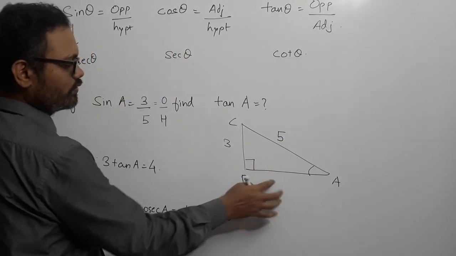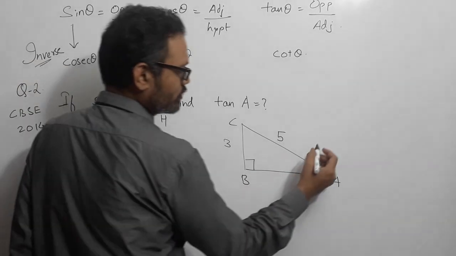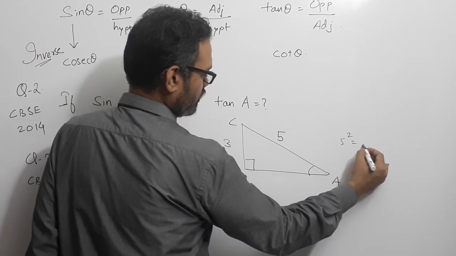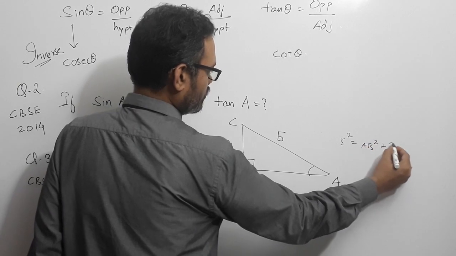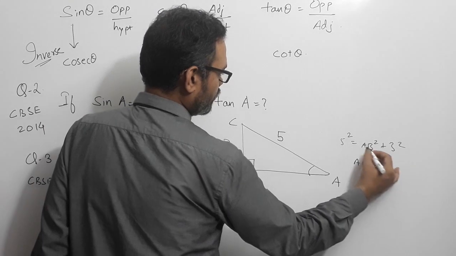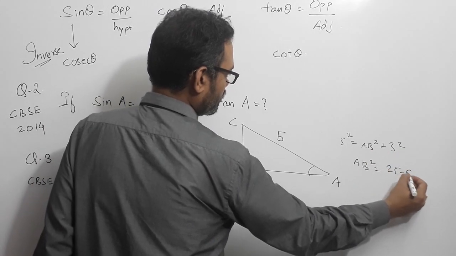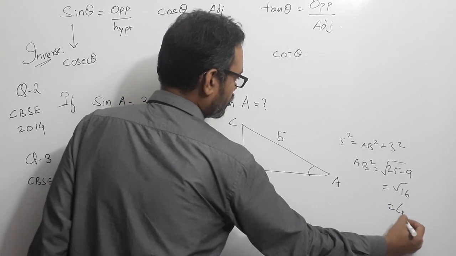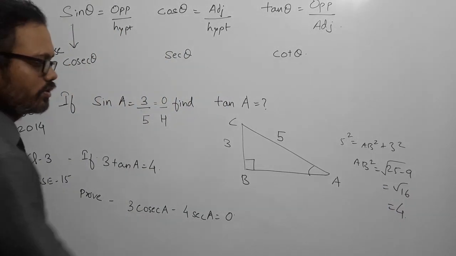So this is how we will find with Pythagoras theorem. What was the theorem? 5 square is AB square plus 3 square. What will be AB square? It is 25 minus 9, root, which will be root of 16, which is 4. Now, so this becomes 4.